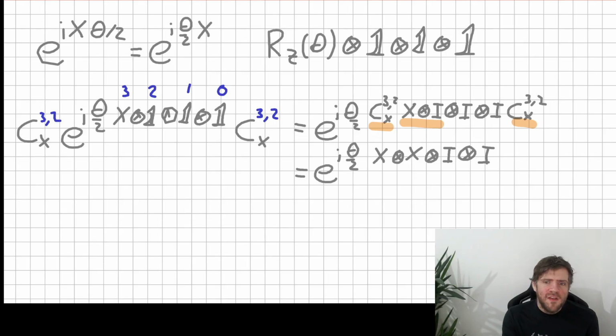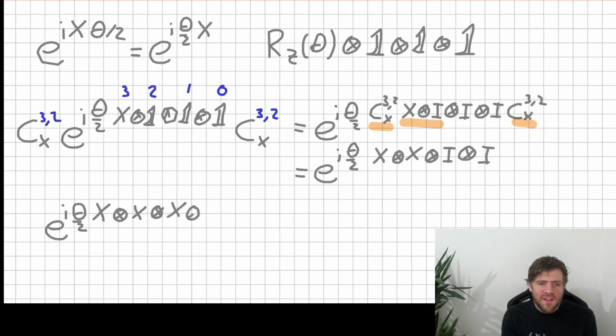And we can similarly conjugate by even more controlled NOTs and get ourselves a rotation e to the i theta over 2 X tensor X tensor X tensor X, all by the magic of controlled NOTs.